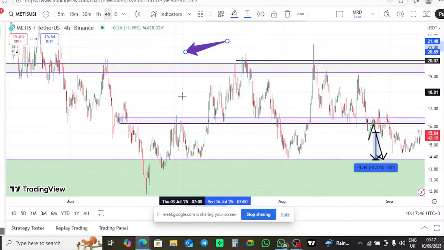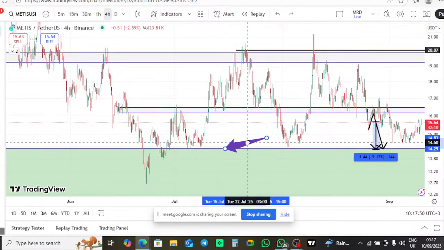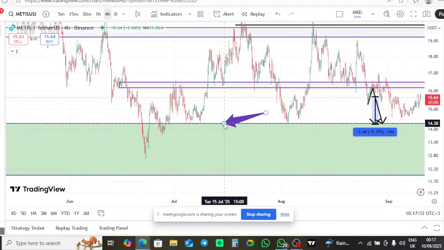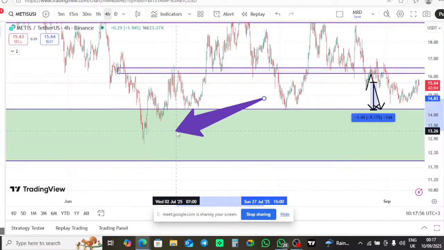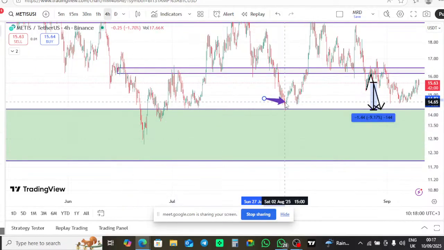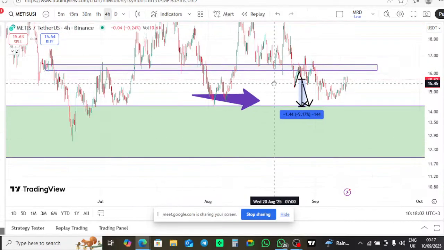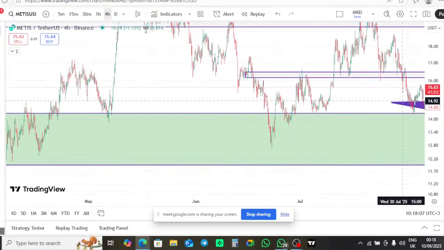If we talk about support, meaning the market tested that area 2 times or more, you can see now this green line is support, or I can call it discount. Market tested this area, it tested here again. If we move up, we can see the same point here.